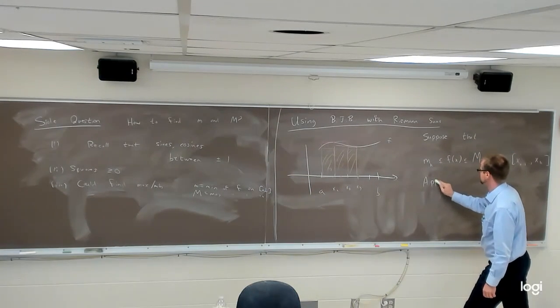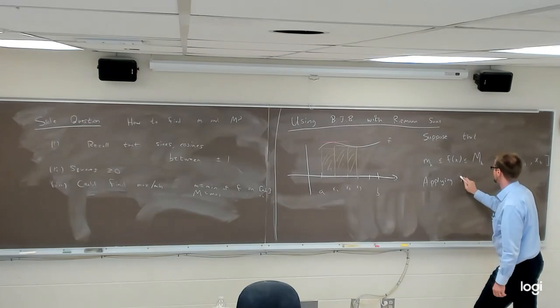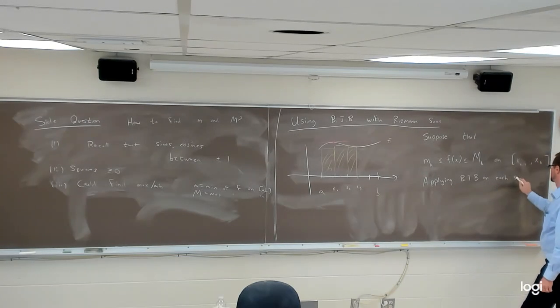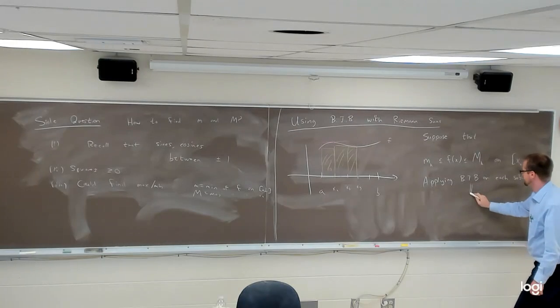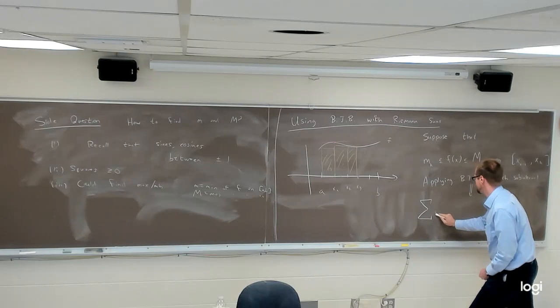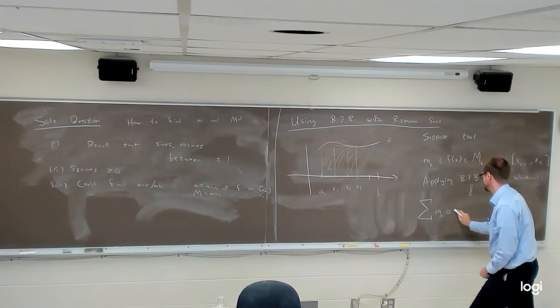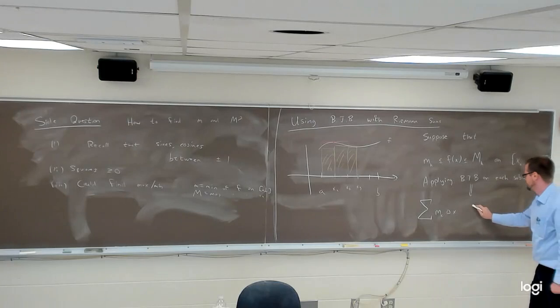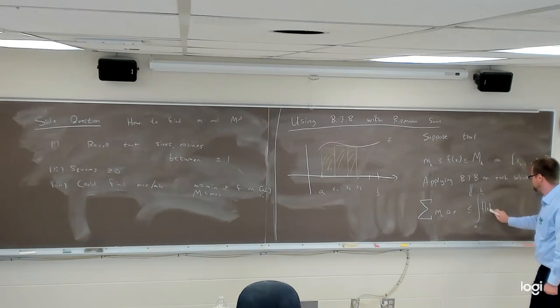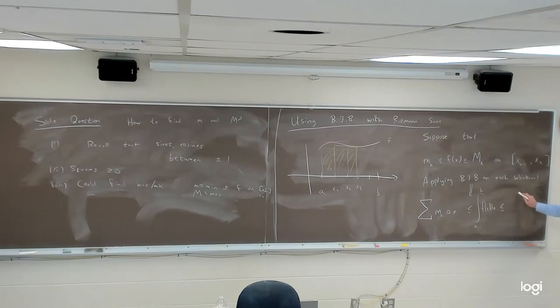Applying basic integral bounds on each subinterval is going to tell me that the sum of all of the m k's times delta x is too small, because using the sum of all of the capital M k's is too big.